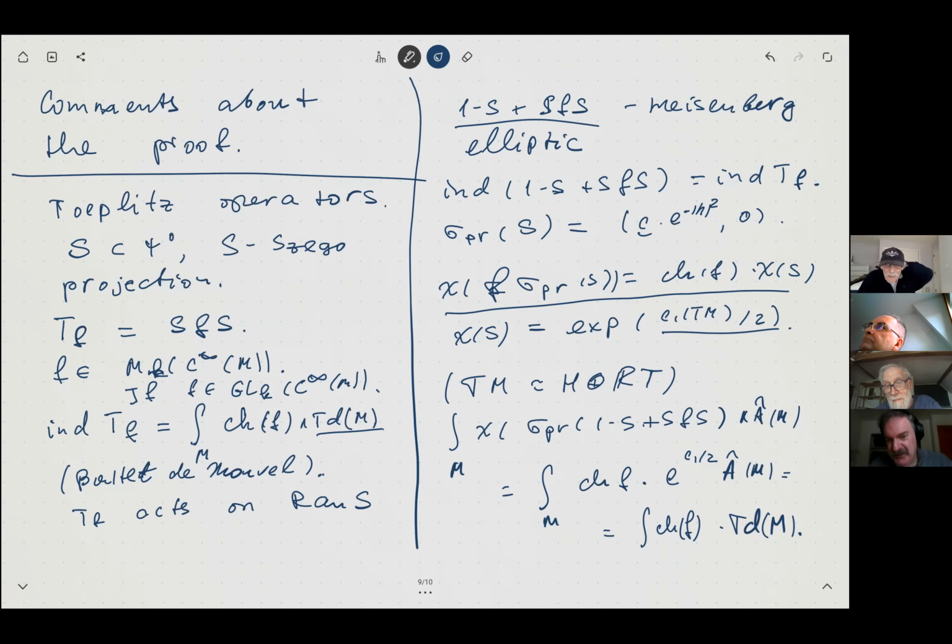Okay, I have a second comment, and then unfortunately I have to go. Thank you for this very interesting talk. When Eric Van Erp and I studied this problem, in particular on odd dimensional spheres, which are basic examples of contact manifolds, we got some very simple explicit formulas for what is happening with some of these interesting Heisenberg elliptic operators.